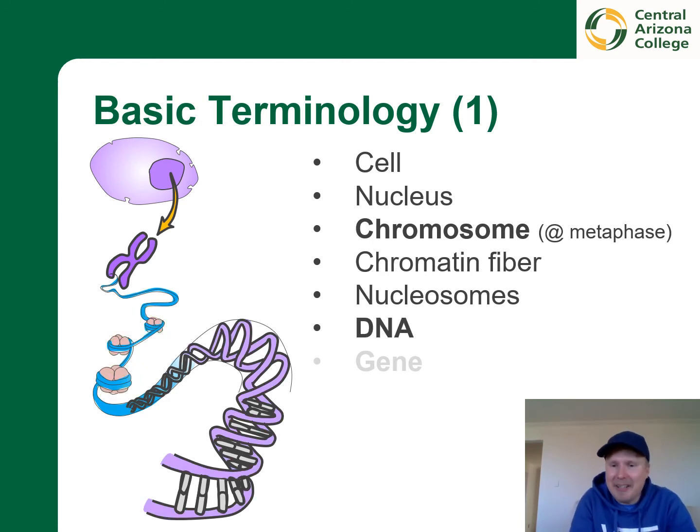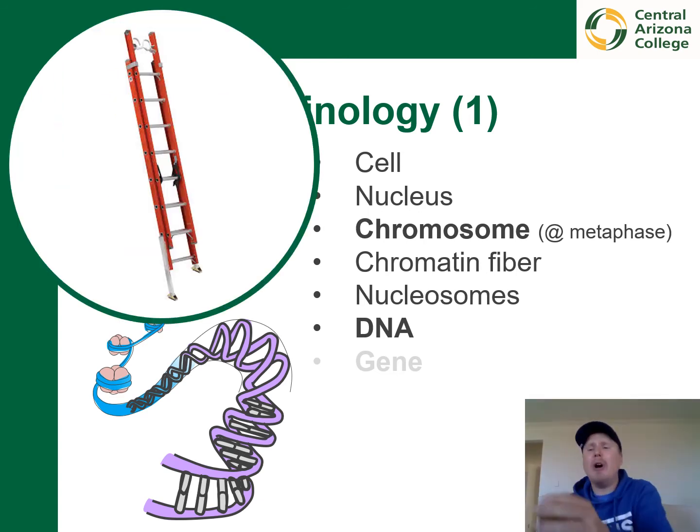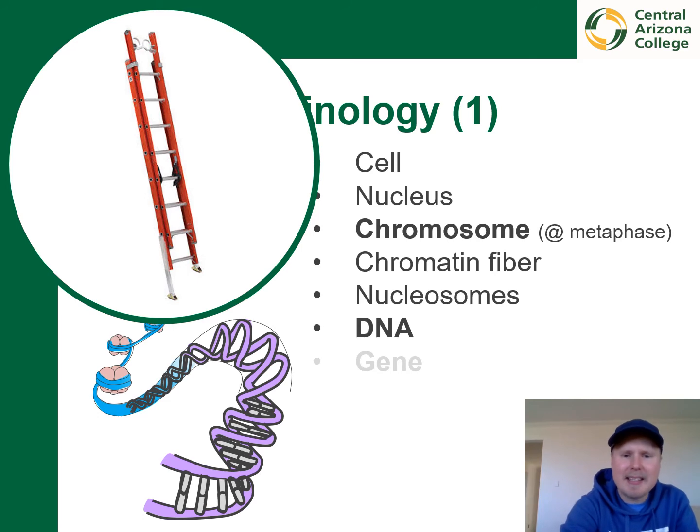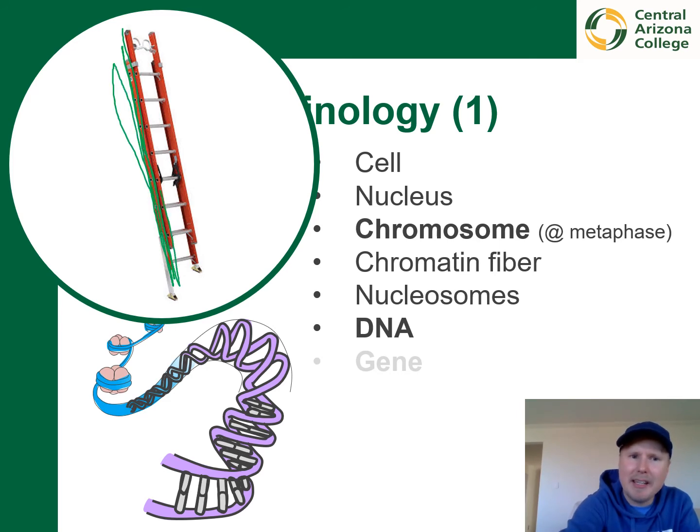And finally, here we see, of course, the DNA, which is made of sugar phosphate backbone and nucleotides that connect the two strands of the sugar phosphates. You can think of the sugar phosphate backbone as these vertical sides of the ladder that we see here in red.